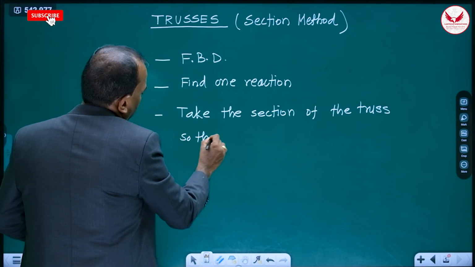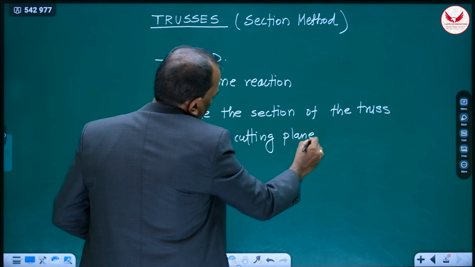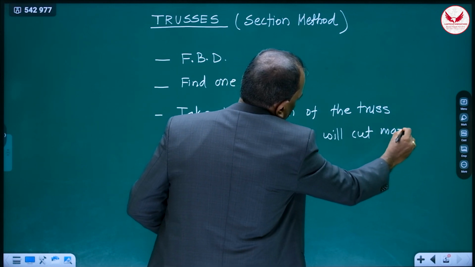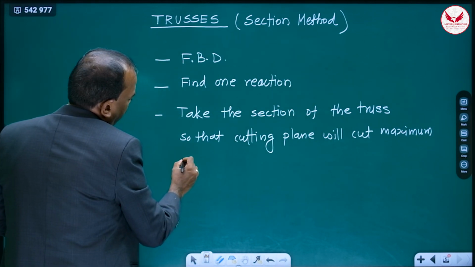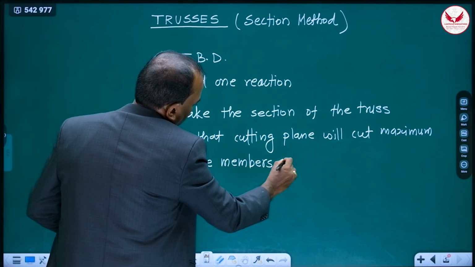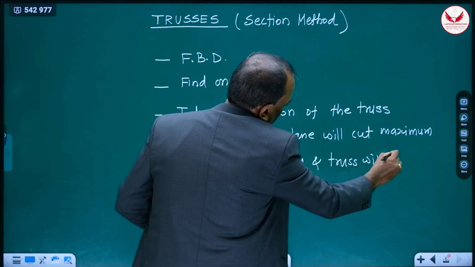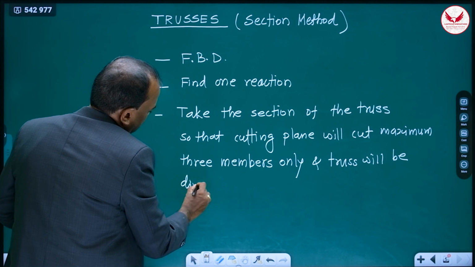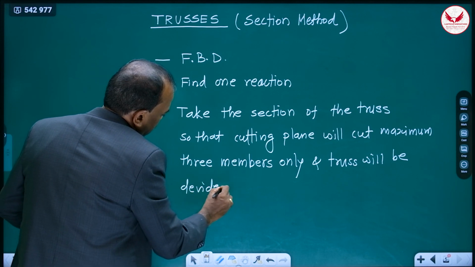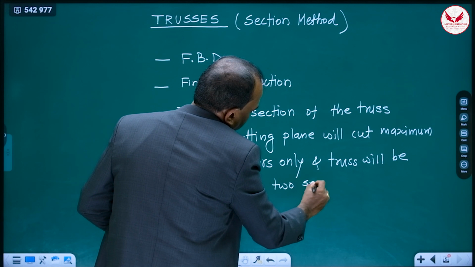So that the cutting plane will cut maximum 3 members only, and the truss will be divided into 2 separate parts.